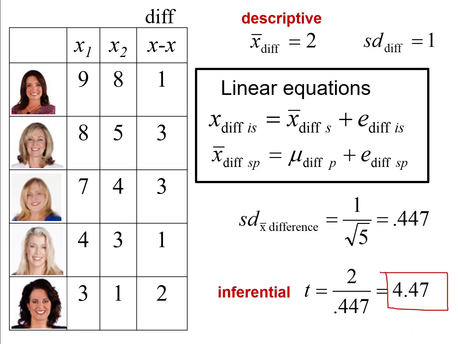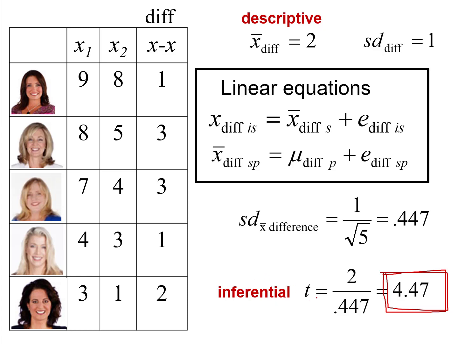That means if the null hypothesis is true, we made more than 4 times the typical amount of error. That's a fair amount of error. And at this point, we could determine the probability of that t-value. And I'll show you how to do that, for example, on the lecture add-on videos, how we can actually use t-tables to calculate that.